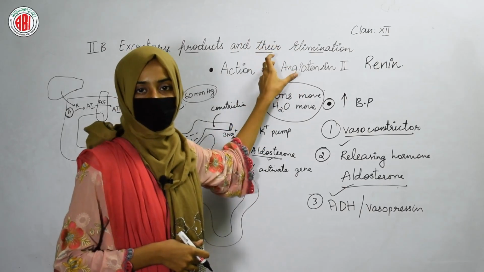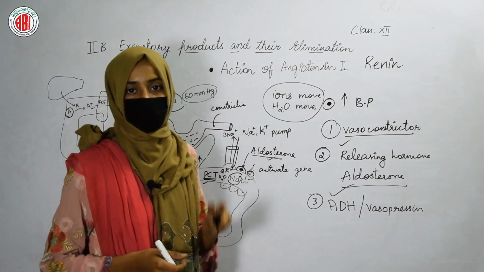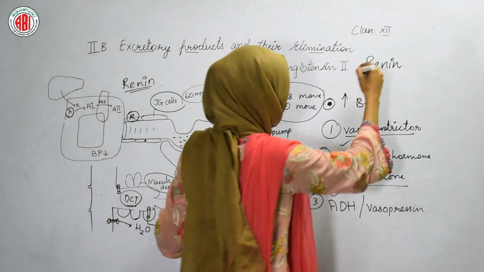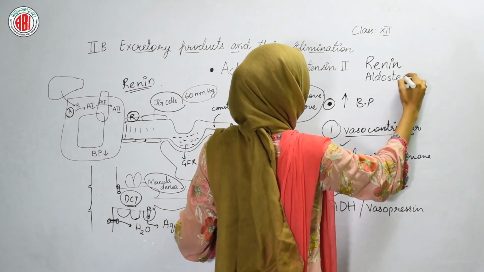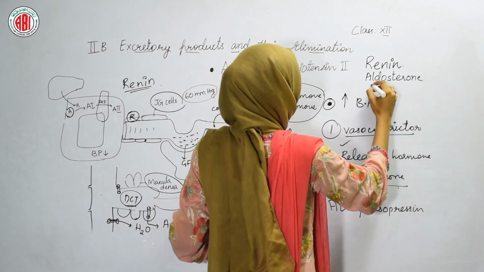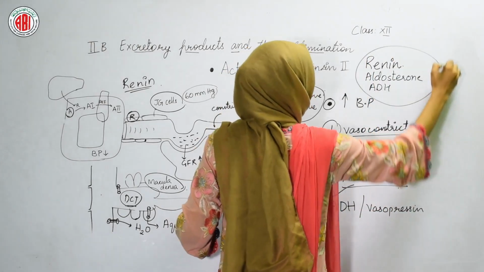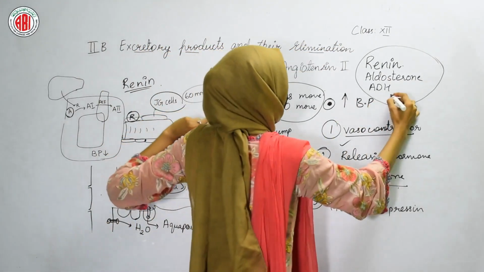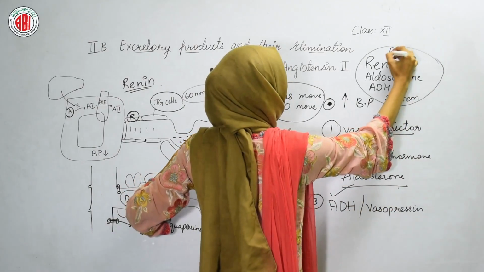Now this angiotensin II activates two more hormones in order to increase the GFR. One is aldosterone, which is released by the adrenal gland of our kidneys, and the other is ADH, which is released by the pituitary gland of our brain. This forms a system, and we call that system RAS.